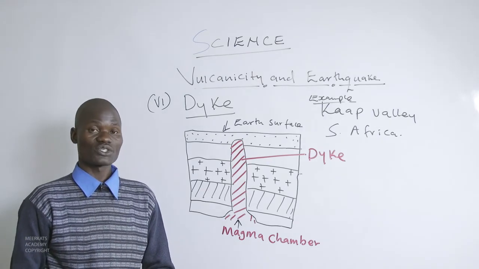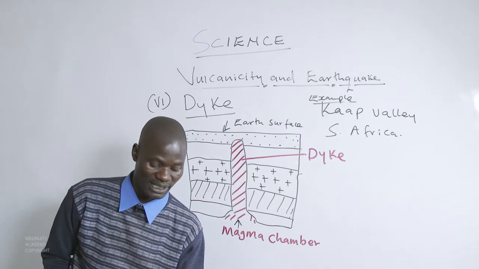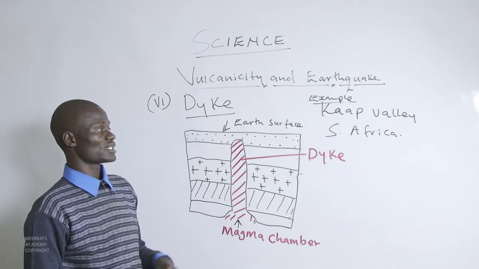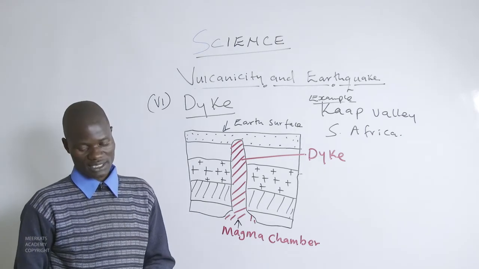We shall look at the regions of volcanic prone areas as we cite this feature. Therefore, this is a feature that is known as the dike.